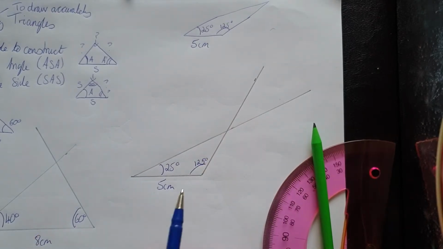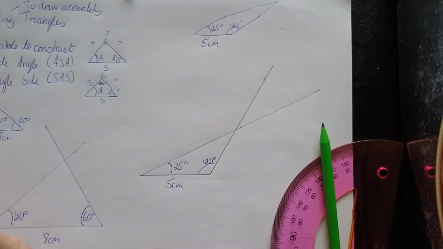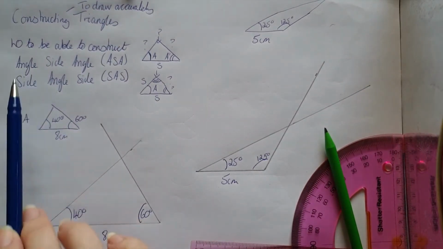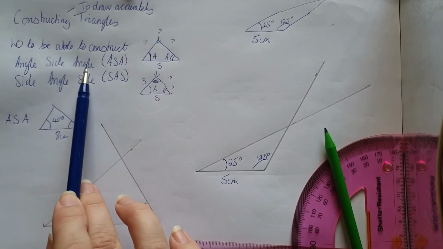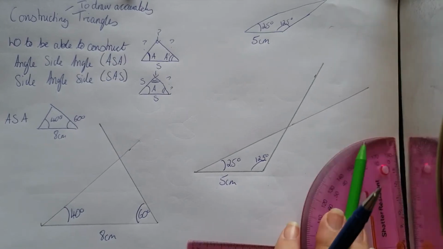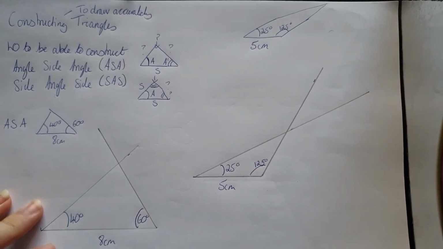So these are two examples of constructed angle, side, angle, or ASA triangles. Right, let's have a look at side angle, side triangles now.